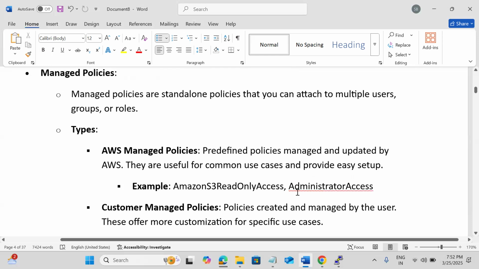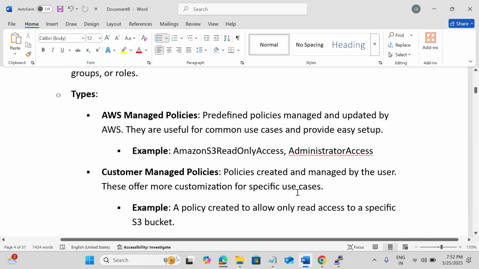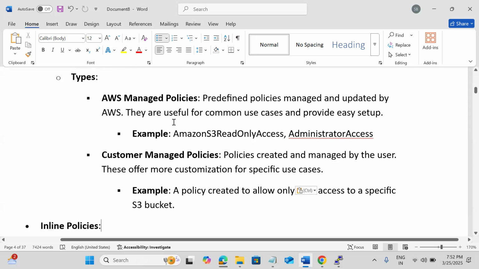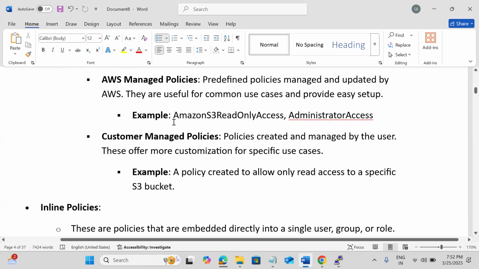Or you can create your own customer managed policies also. By default, AWS provides a lot of predefined policies, but instead of using those AWS managed policies, we can create our own custom policies. Suppose I give S3 access, then you can access all the S3 buckets, but I don't want to give access to all the S3 buckets or all EC2 instances.